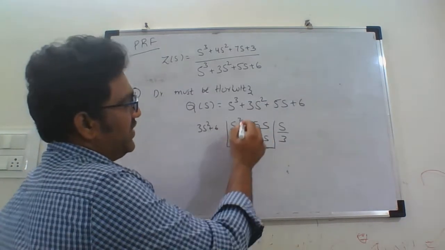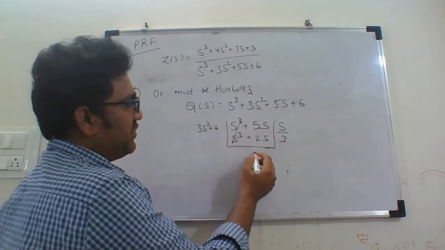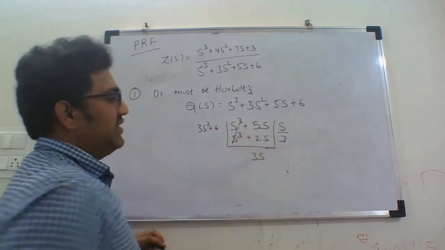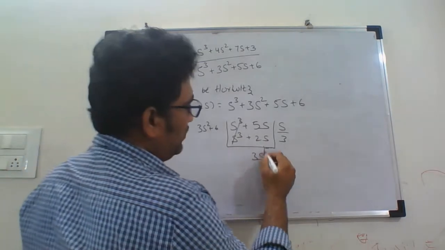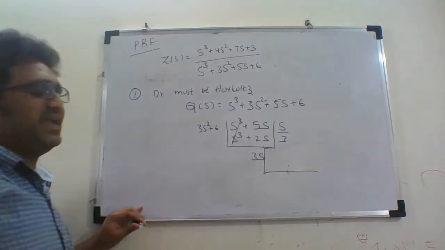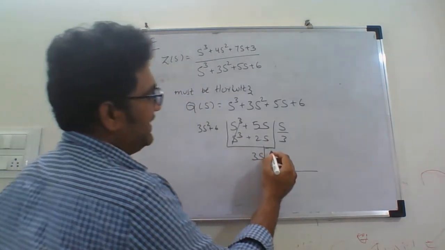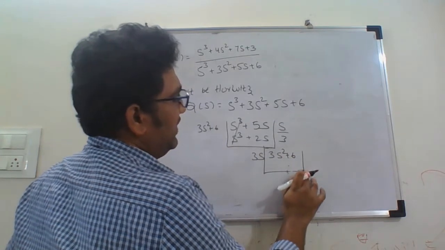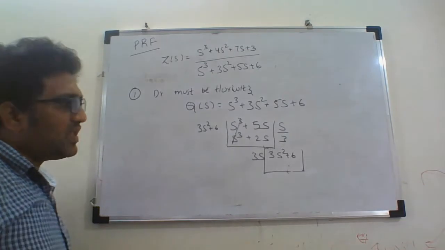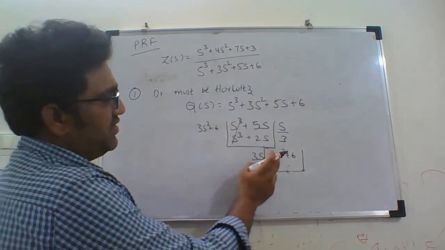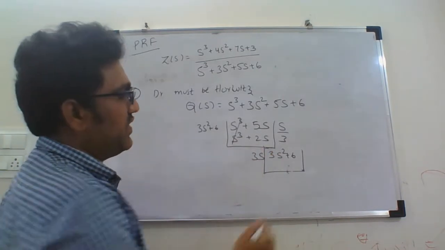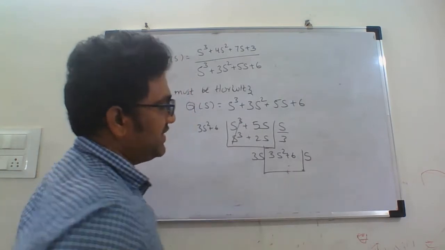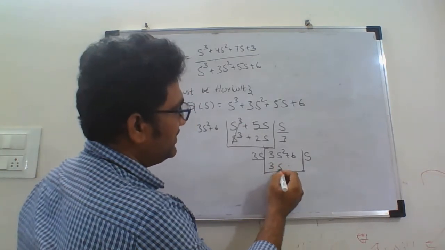So s cube gets cancelled, and 5s minus 2s is 3s. Next, take this remainder as the divisor and 3s square plus 6 as the dividend. I have 3s here, so to cancel 3s square I multiply by s, which gives 3s square.